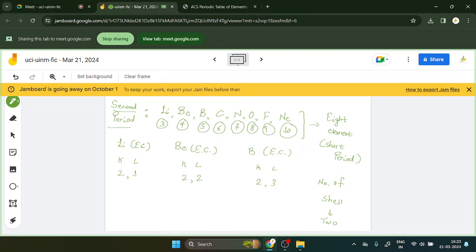Fourth period will be called the long period. It will have how many? 4 shells. Fifth period will have 5 shells. Sixth period will have 6 shells, and seventh period will have 7 shells, which is the longest period. Seventh period is the longest period. Clear? You can look inside the book as well now, because if I write everything, it will take a lot of time.